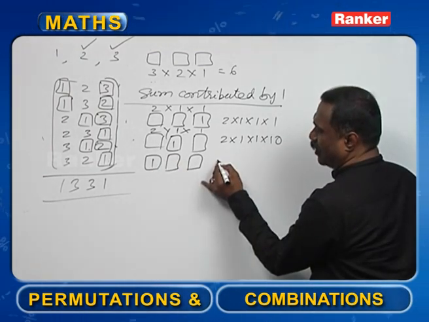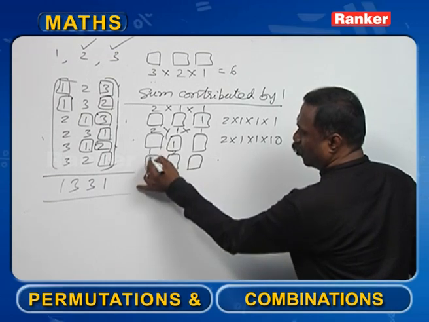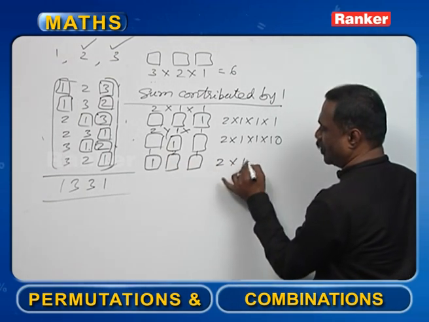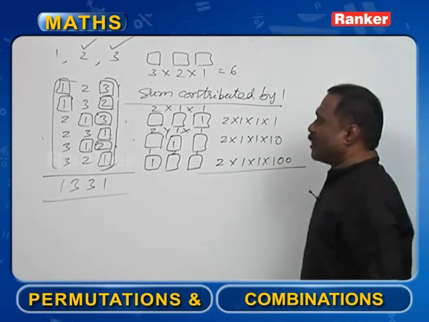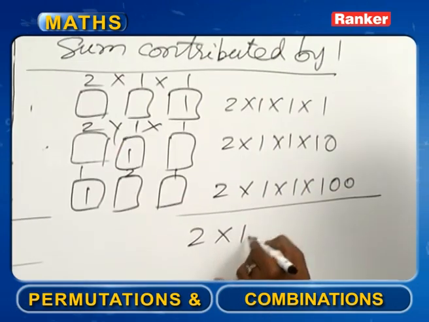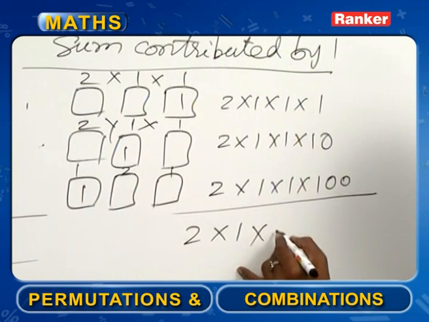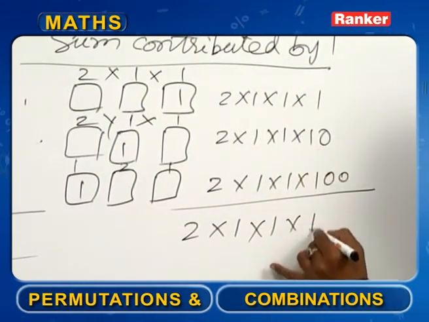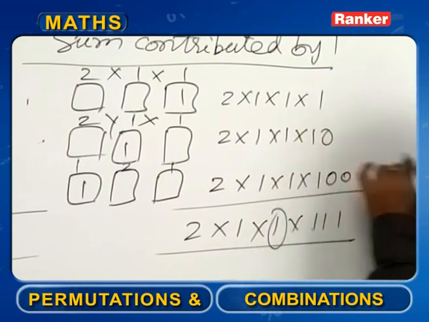Similarly, this is also 2 into 1 into 1 into 100. If you add all this, what will you be getting? It is 111. This is the sum contributed by 1.